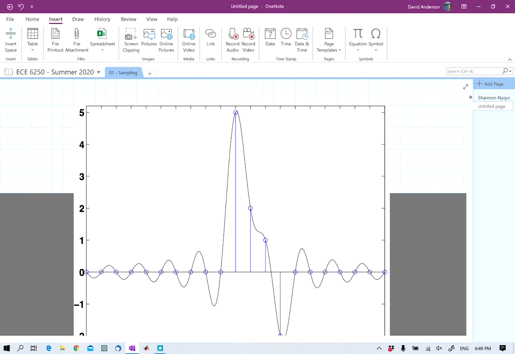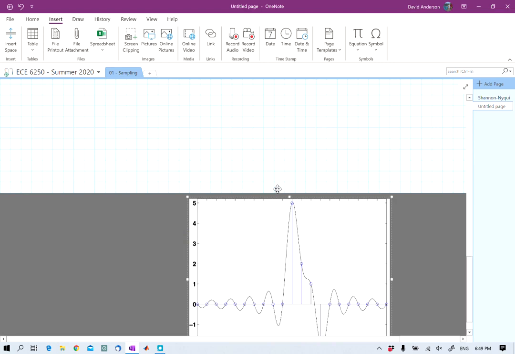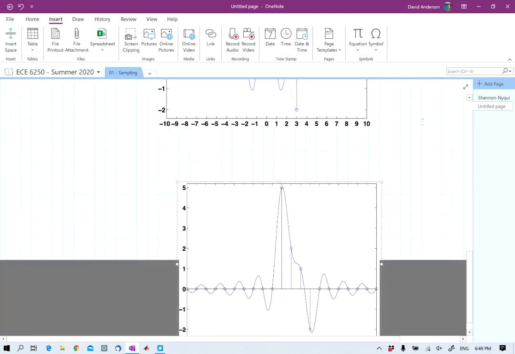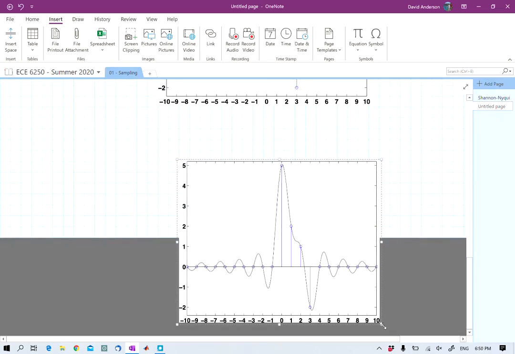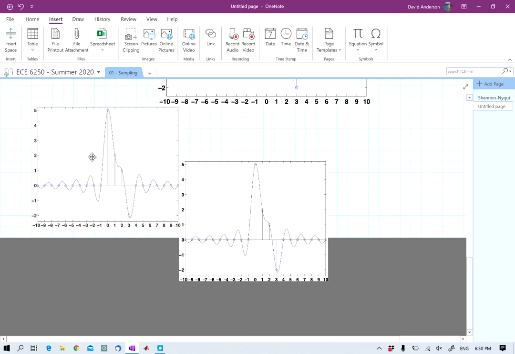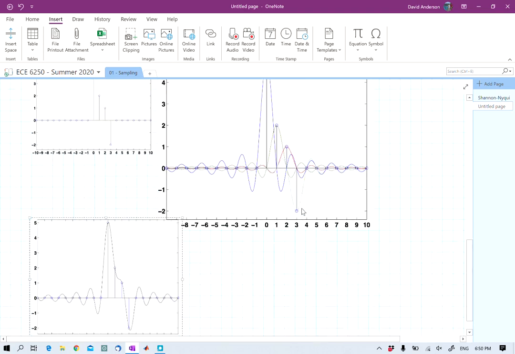However, this version of the signal is band limited. And so while this might not be the best way to reconstruct, say, an image, it is the best way to reconstruct something that's band limited. And that's what we typically are concerned with.